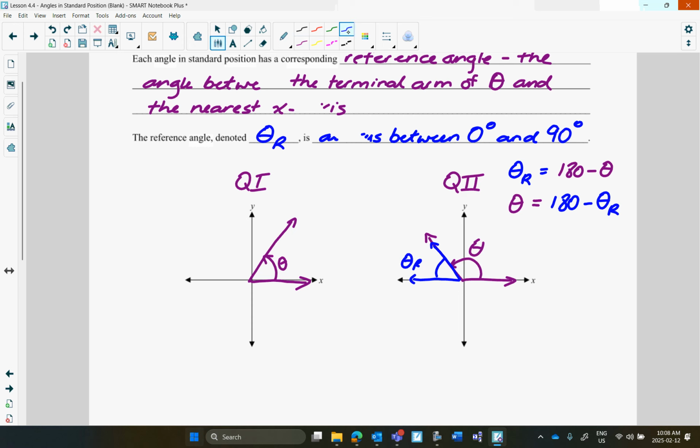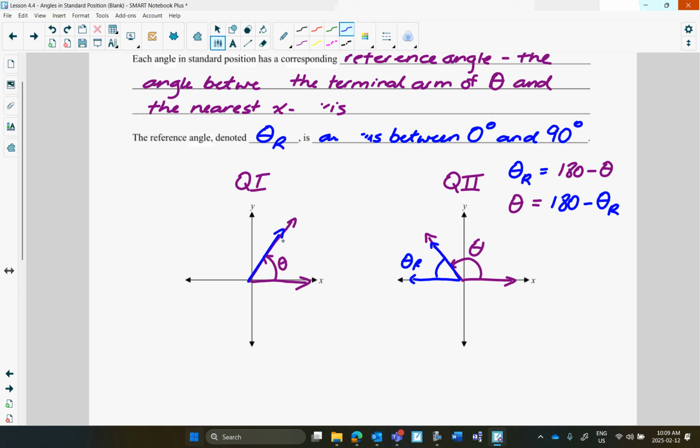Try not to overthink. Where's the reference angle? Remember the definition. It's from the terminal arm of theta to the nearest x-axis. What's that?